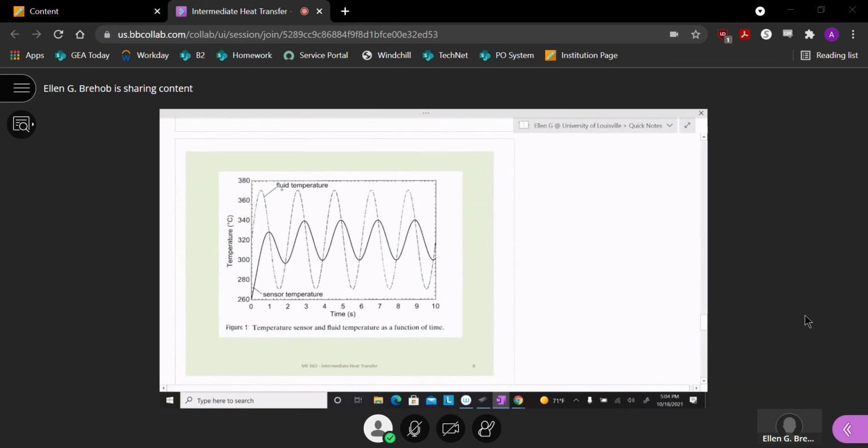This is showing fluid temperature. So this is oscillating, and this is what you're driving. You're driving that uniform temperature variation. And then sensor temperature, or I've been calling it the object temperature. I keep thinking this would be if I put a thermocouple. That's the way I can think about this.